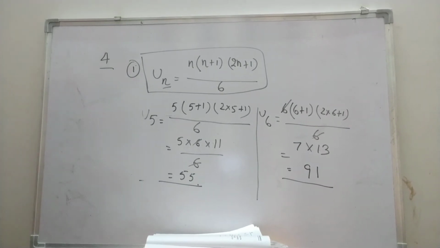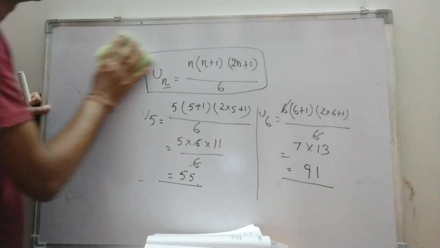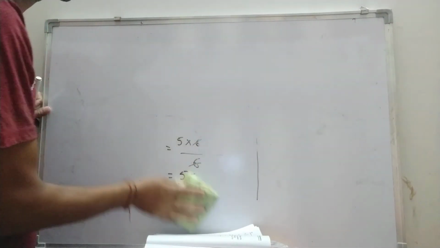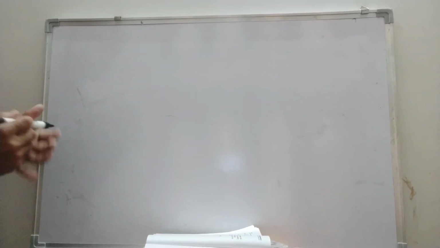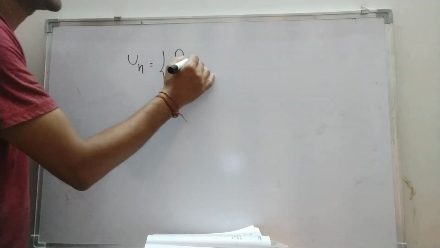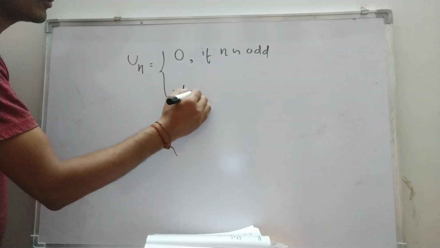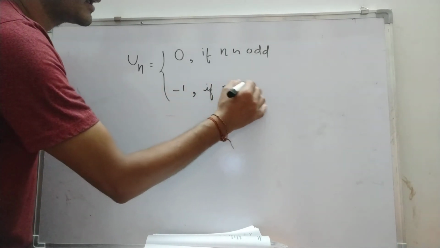Now let us move to question number 5. How can we discuss question number 5? Look here. In question 5, a sequence is given, where u_n is equal to 0 when n is odd, and it is equal to -1 when n is even.